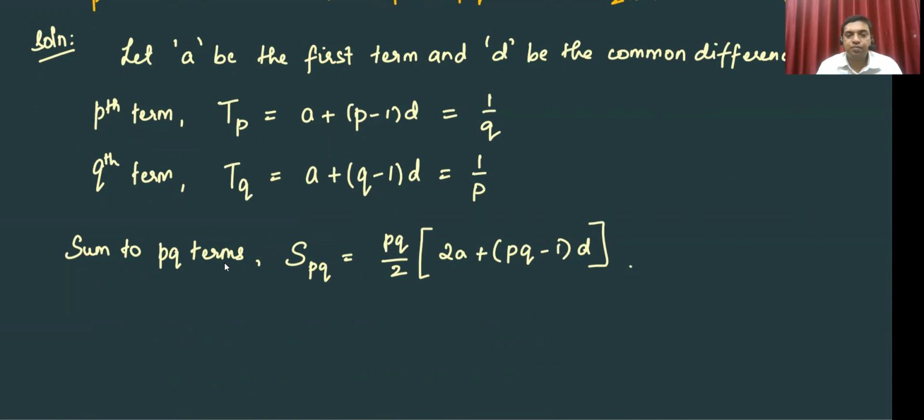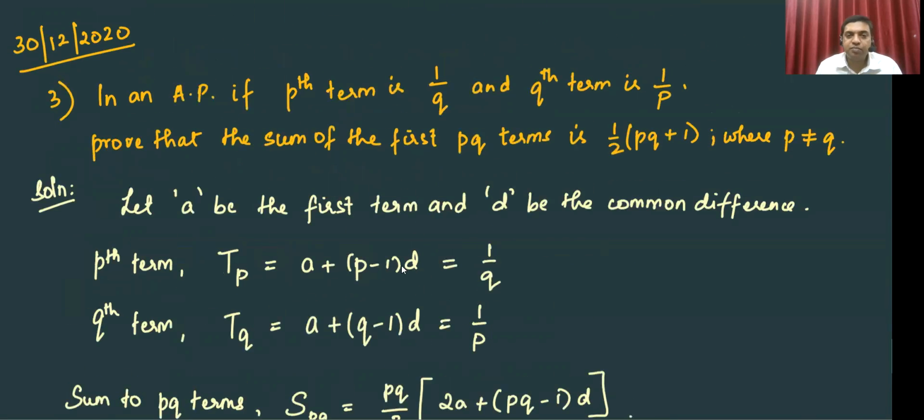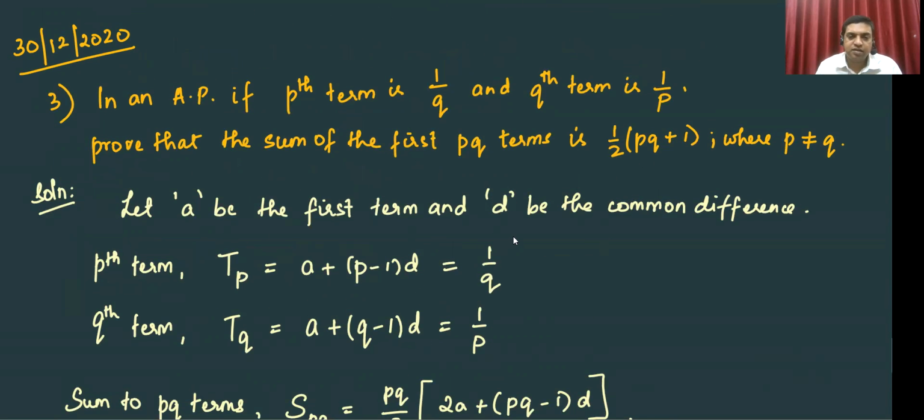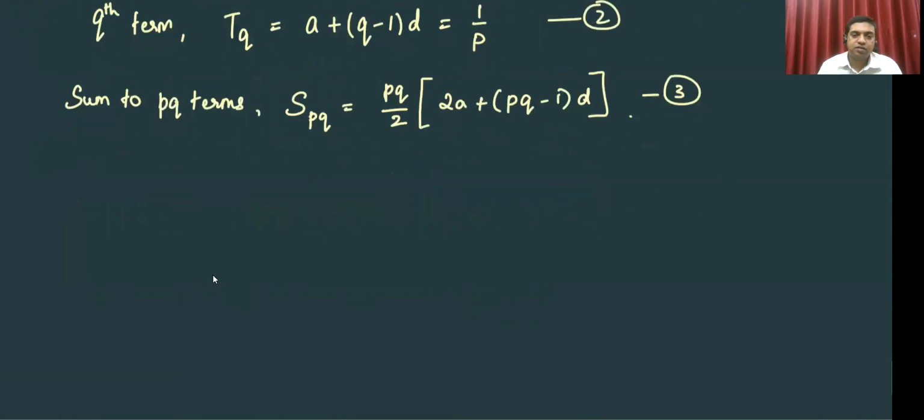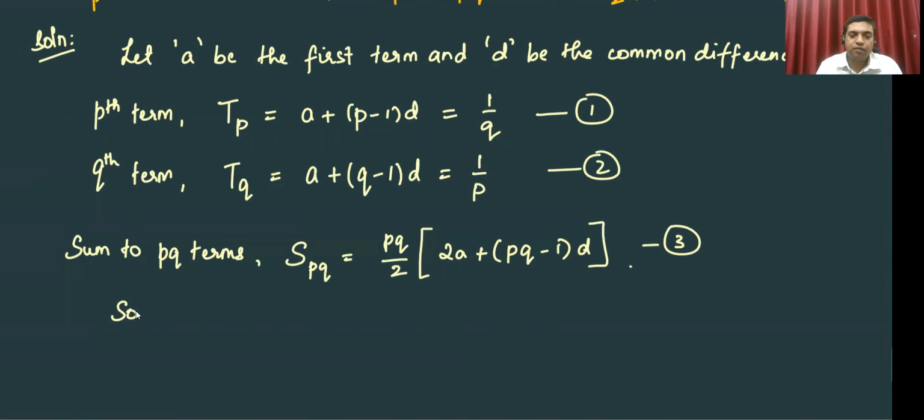Now we have to show this by simplifying. One way to do it is to solve 1 and 2 to find a and d.